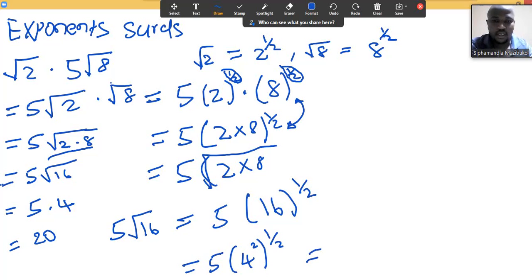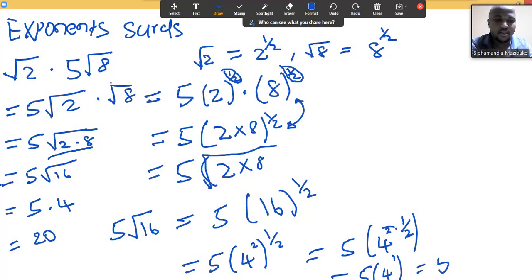Okay, and this gives us 5 into 4 squared times half. So we can always do that. Hence we have 5, and you see now this 2 and this 2 cancel. You're left with 4 to the power 1, and this is nothing but 5 times 4. That's why we're getting 20.